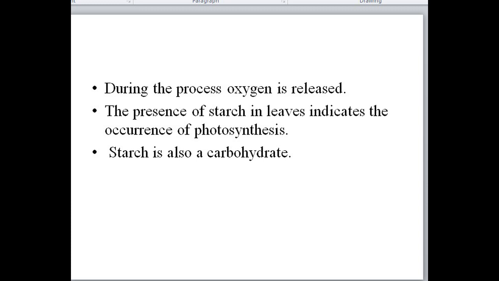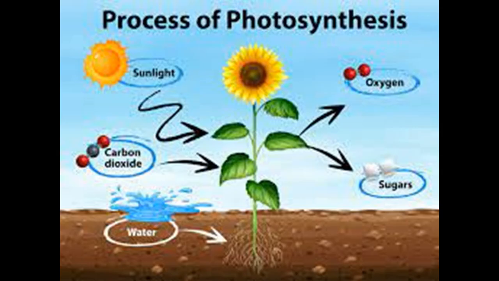During this process, oxygen is released, means oxygen is given out, and the food is in the form of starch, which is another name for carbohydrates. Starch and carbohydrates are the same.